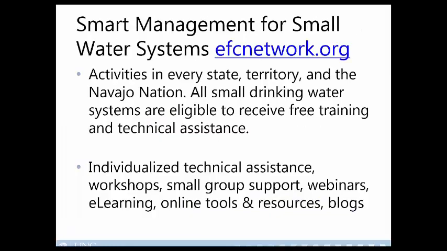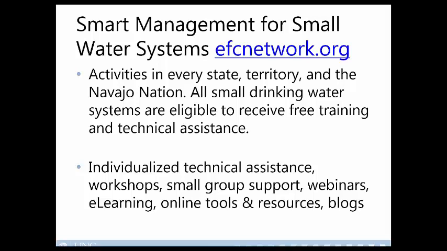And I did want to mention another project that we have that may be of interest for those of you on the line who come from water systems that serve 10,000 or fewer people. We have funding from the US EPA to work with these small water systems on finance and management topics. That includes activities in every state in the country, including Hawaii.